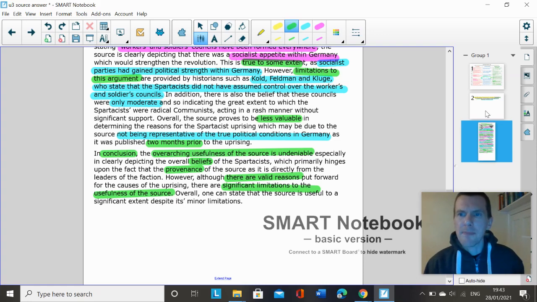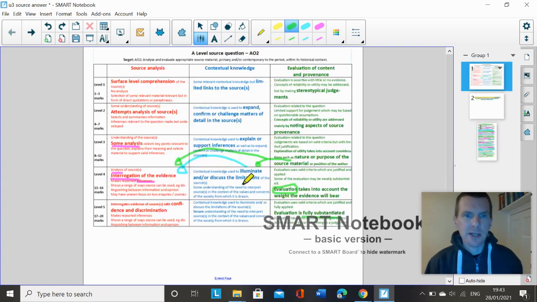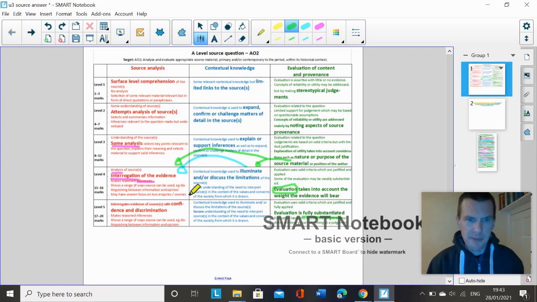Good. So just to pop back, in fact, to the mark scheme here. Have they interrogated the source? Yeah, I think they have, because they've really shown an understanding of those points, and those points were well drawn out. And I would say there was confidence there and some discrimination too, although perhaps overlapping points in the second bit. Have they used their knowledge to illuminate? Yeah, really well.